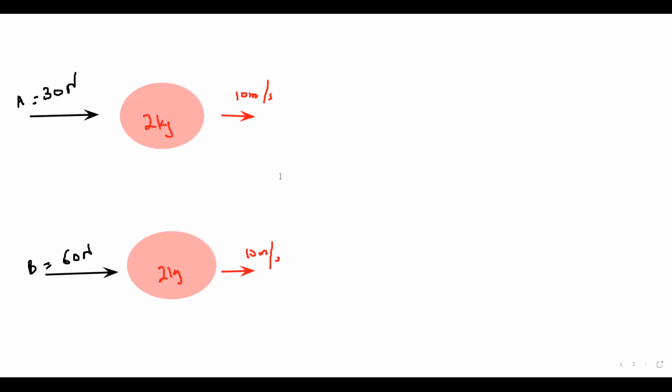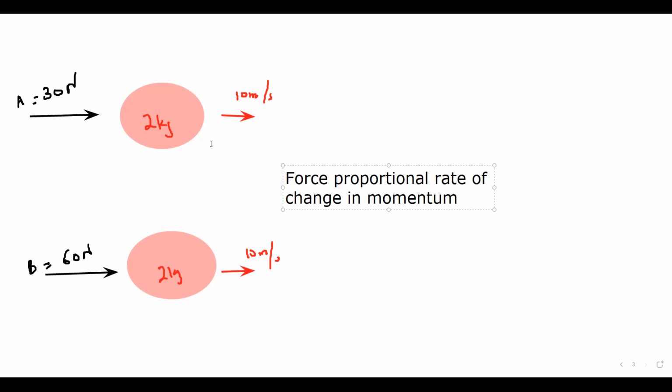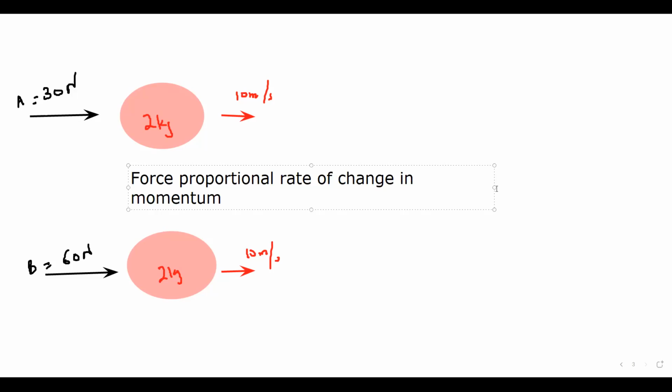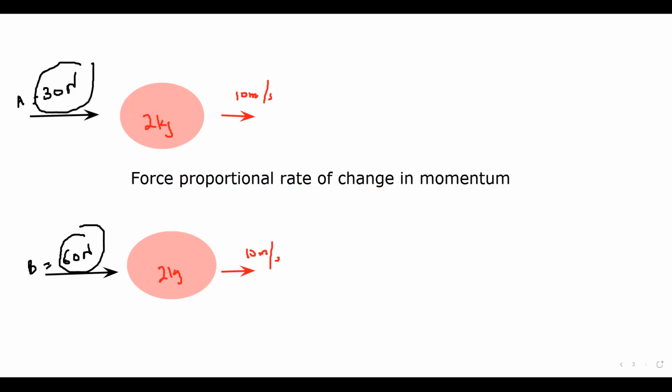The rate of change in momentum is directly proportional to the applied force. So the one which experiences the greater resultant force will show a greater change in momentum. As you can see, B is experiencing greater resultant force. So it will have a greater change in momentum in a unit time as compared to that of A.